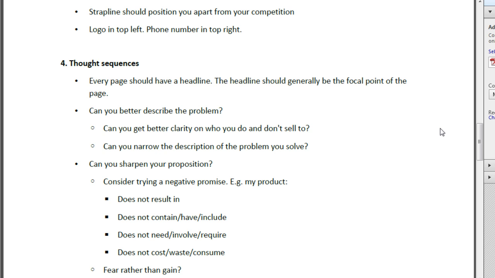You should have a headline, and that headline should generally be the focal point of the page. So it should generally be one of the first things that you notice. You might need to make it bold, you might need to increase the size, and it should be relevant. And if possible, it's worth trying to get a benefit in the headline.